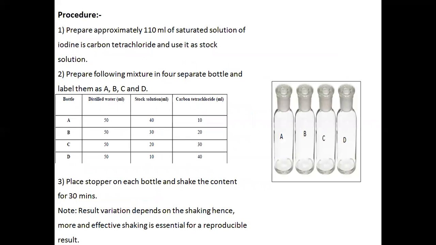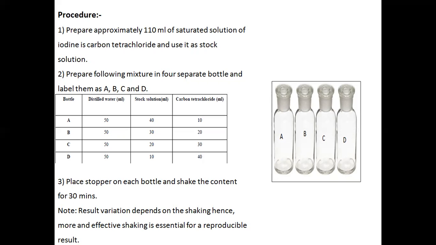About procedure, prepare approximately 110 ml of saturated solution of iodine in carbon tetrachloride and use it as stock solution. Prepare mixtures in 4 separate bottles and label them as A, B, C and D. A bottle will contain 50 ml distilled water, 40 ml stock solution and 10 ml carbon tetrachloride.